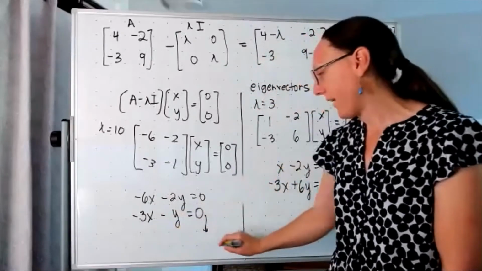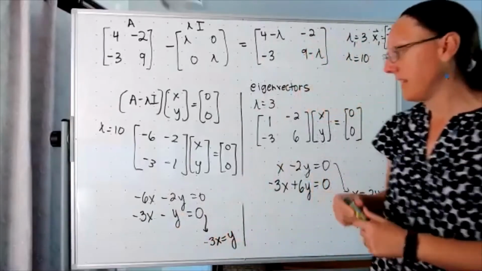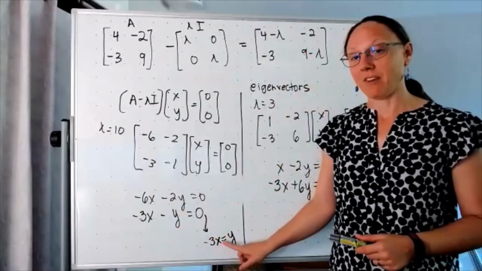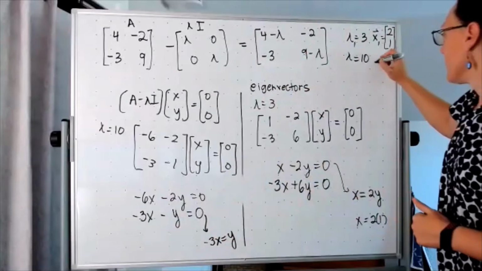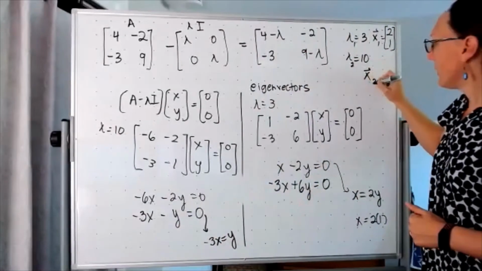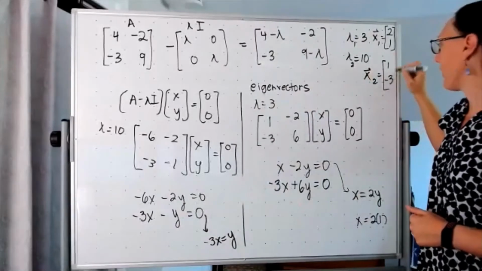And when I move the Y over, I'll have -3x is equal to Y. So this time, I'll go ahead and plug in 1 for X, and that would give me a Y value of -3. So if I give those subscripts of 2, then my second eigenvector here is 1, -3.